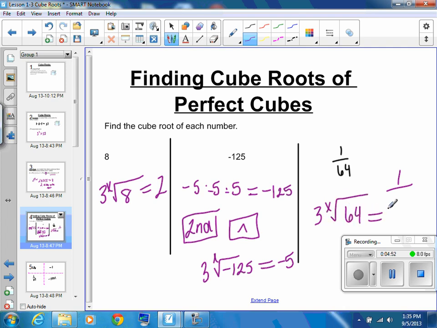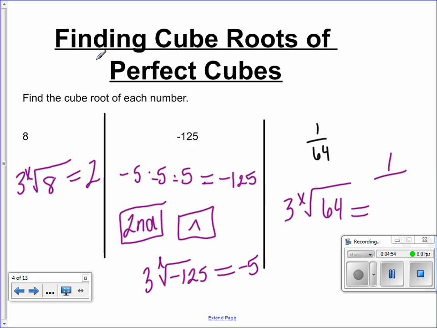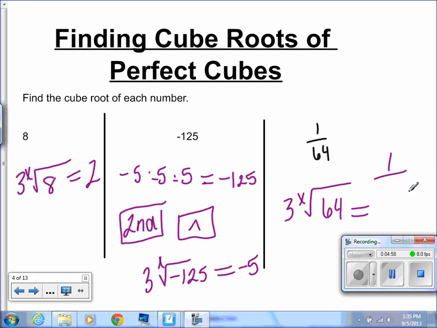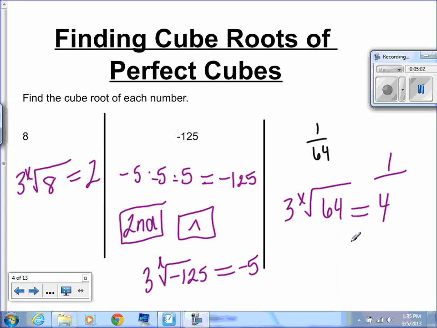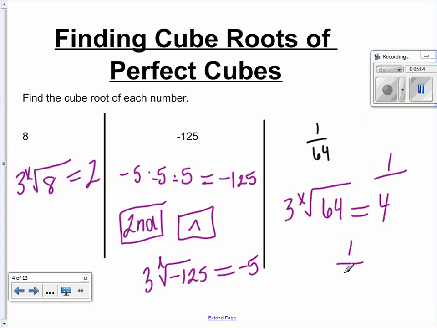See what you get as an answer when you type that into your calculator. You should have gotten the answer of 4. So I'm going to keep my numerator as 1, and my denominator is 4. So an answer of 1/4.